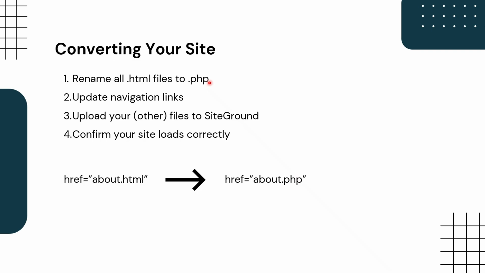If you've got contact.html, you're going to change that to contact.php. Then you're going to update all your navigational links. So if this is your navigation link, say for the About Us page, make sure that you update it so that it can find the new page file extension, .php.